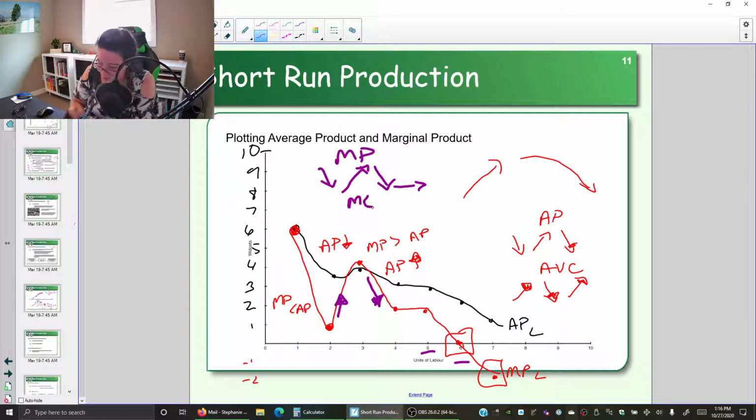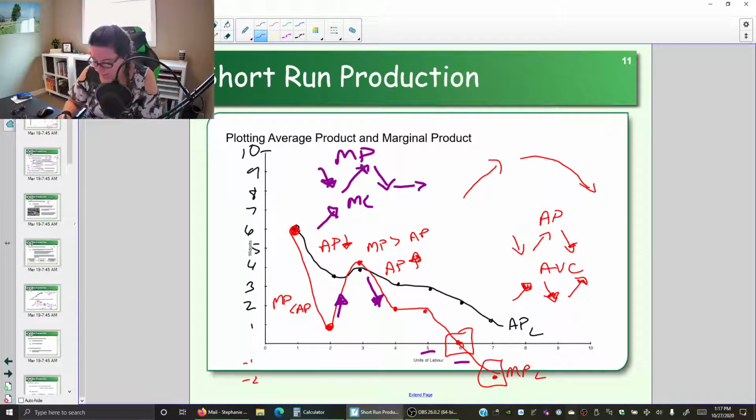Well, the marginal cost is the extra cost to make a widget. So if the additional worker is adding less, then the cost now gets spread across fewer units, and so the marginal cost will go up when the marginal product goes down. If the extra worker contributes less, then the extra cost to make that one unit is going to be more, because the cost of that worker can't be spread across as many units.